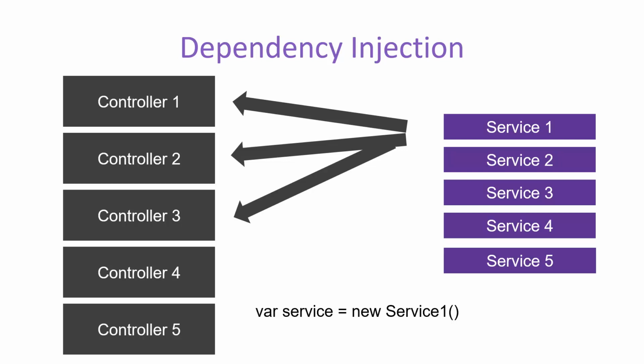Now let's see what problem we can face if we are not using dependency injection or we are working with this structure. Suppose in future I got some requirement where I need to make some changes in this service 1. For example, I want to change the name of this service 1. Then immediately, because this service has been used in 3 controllers, you have to update all these 3 controllers as well.